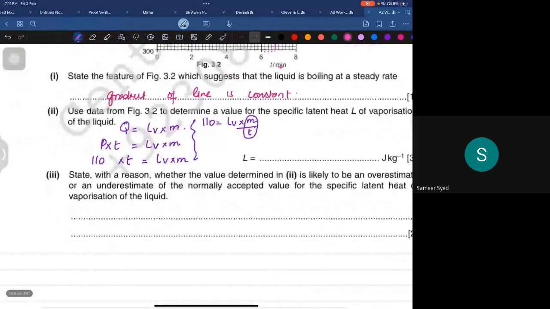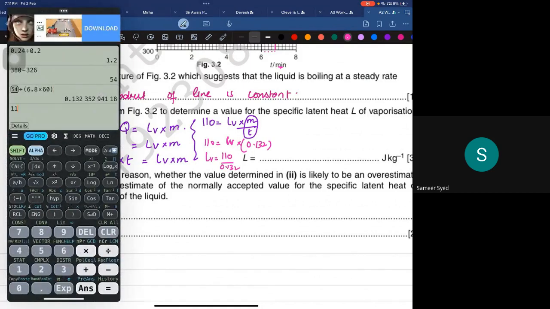I'm going to use this here: 110 equals LV times 0.132. That's grams per second. So LV will be 110 divided by 0.132, which is going to be 831. You can write it like this, or you can write it as 830. It's up to you.